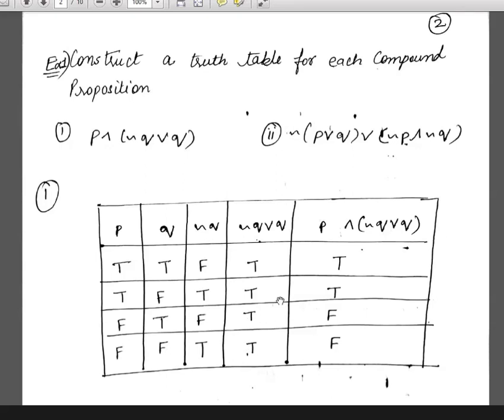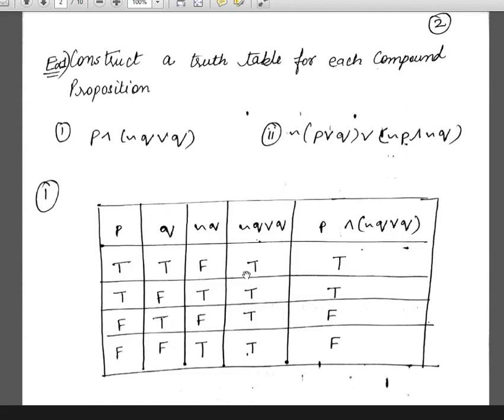Now what is the last column? P conjunction with the fourth column. What is the fourth column? Negation Q or Q. So find the conjunction between the first column and the fourth column. The first column value is T and the fourth value is also T, so T and T makes T. What is the rule for conjunction? If any value is false, then it is false, otherwise true.